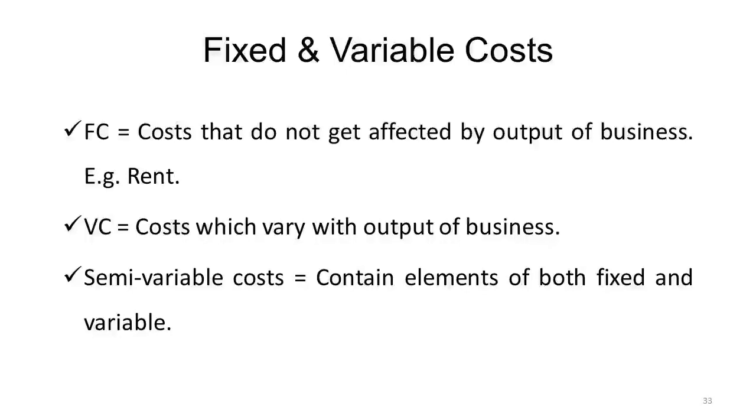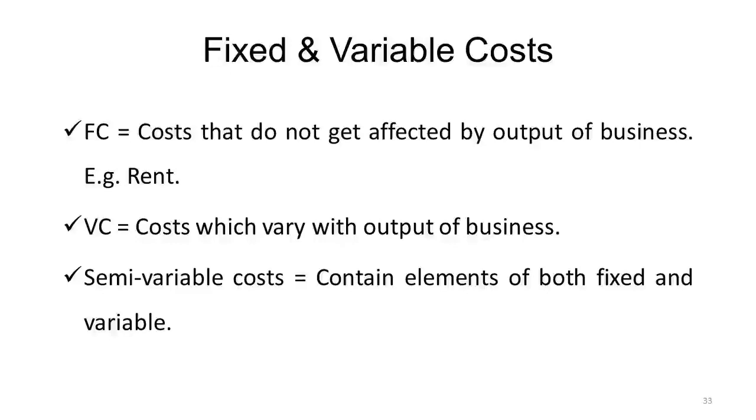So something like, if you look at the electricity bill of a factory, if you are in an industrial area, you have to have your own transformer. Now, if you have a transformer, you have to pay at least 10,000 rupees per month, even if you don't use a single unit of electricity. When you start using electricity, the bill is going to increase. So if you are producing 1000 shirts, you get a bill of 15,000 rupees.